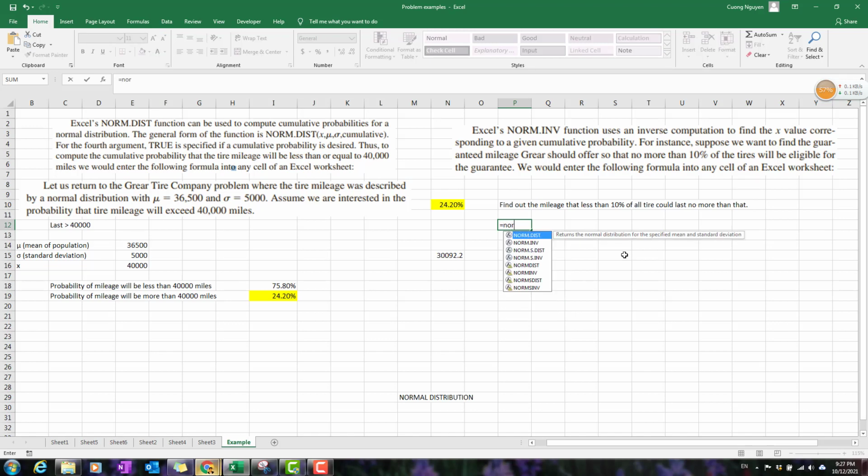So we use the norm.inv, and then we need the probability that should be 10%. Okay, and the mean value is 36,500, standard deviation 5,000. Then you close the parentheses, you see it, they are exactly the same.